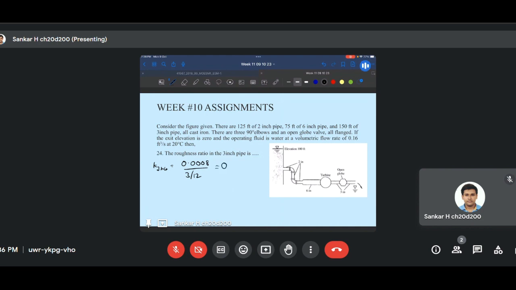And I'll get this value as 0.0032. And again, this exercise remains the same for calculating the roughness ratio, which is 0.0008 by 6 by 12, which is 0.016.